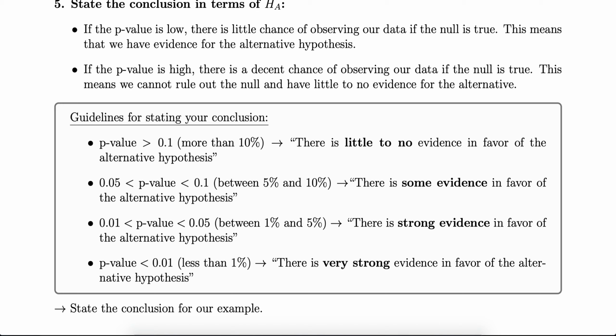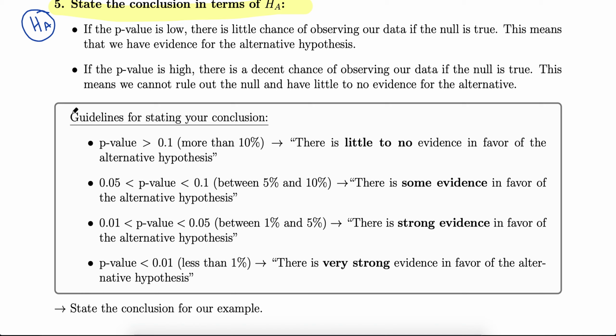So let's emphasize our step 5 here. And it always is going back full circle. So I'm going to say HA out in the margin as a reminder. Our interpretation or our conclusion is always in terms of the null hypothesis. So under the null, if we have a low chance of seeing the data, then the null is probably not true and we have good evidence for our research claim, and vice versa.